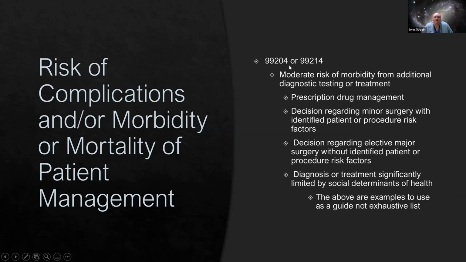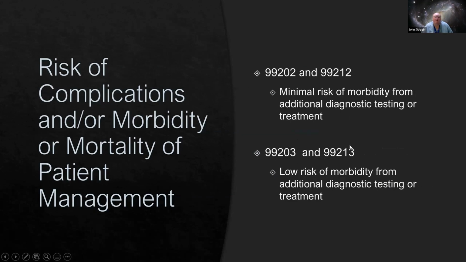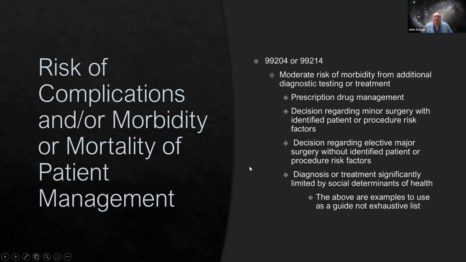So risk level 4 is where it starts to get a little more specific, and it gives you an idea of how low the threshold is here. Prescription drug management: you give the patient more or less any prescription drug. I interpret it as something that carries some risk with it.